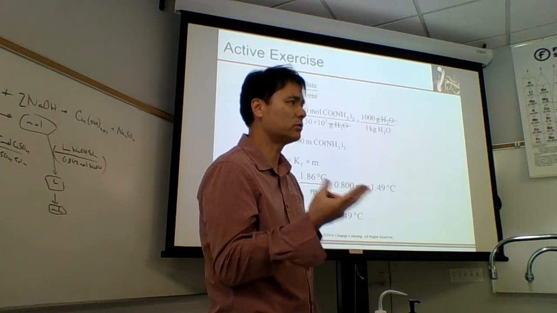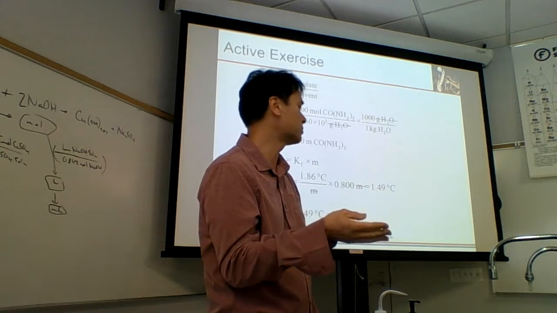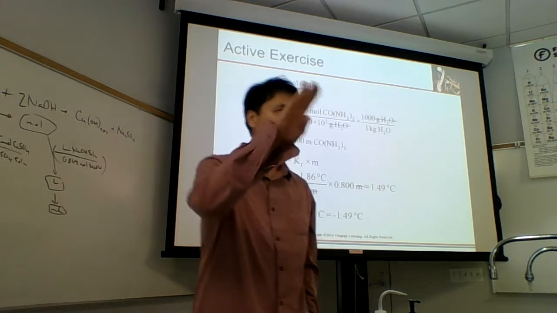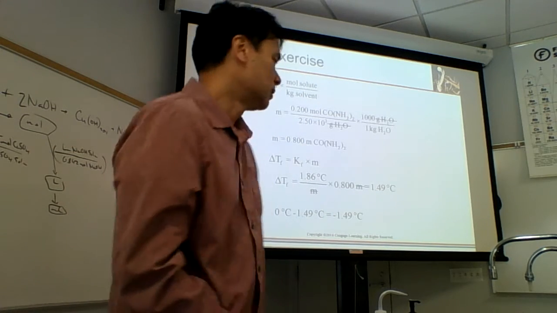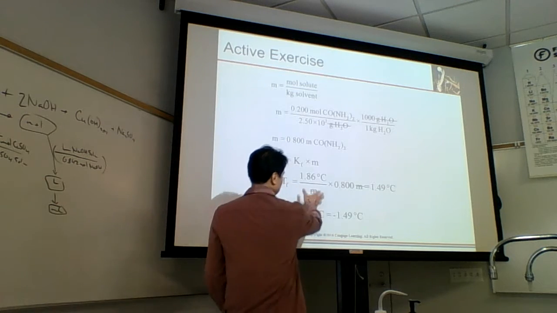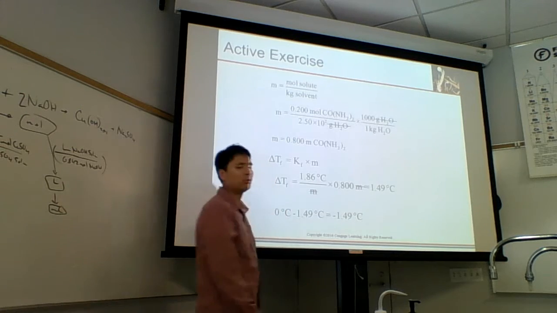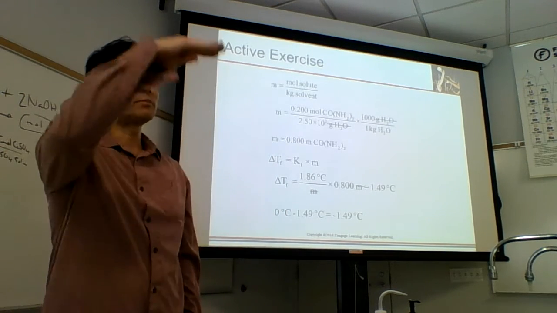2 molal salt solution, it's minus 4. 3 molal salt solution, it's minus 6. And so depending on the concentration, the more concentrated it is, the more it drops. Now it's about a 2 degrees C temperature drop for every molal. But for boiling, it's only a half degree temperature increase.